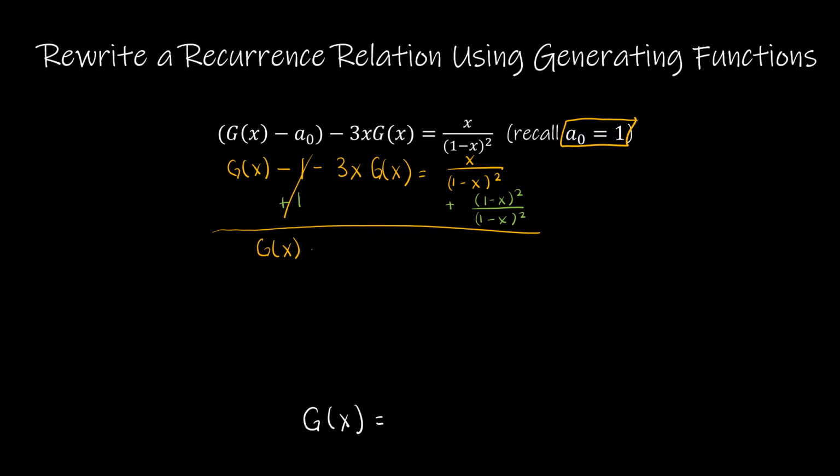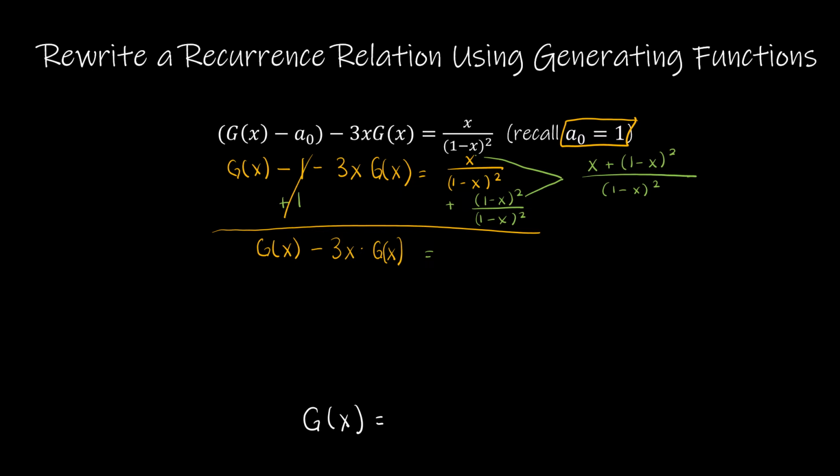So on the left-hand side, I have g of x. Those cancel. I have minus 3x g of x. Oops, getting crazy with my parentheses over here. And then on the right-hand side, I have x plus 1 minus x quantity squared, which I'm going to go ahead and simplify. I have x and then plus 1 minus x quantity squared over 1 minus x quantity squared.